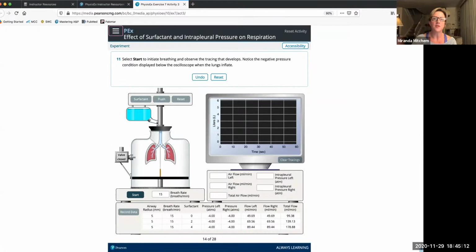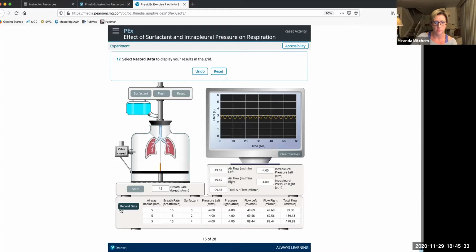Okay, let's go. So now we're going to look at our normal tracing to begin with. So just normal tidal volume. Notice that both lungs are expanding and are contracting at the same rate. And we have a nice waveform here. Let's record our data. And now what we're going to do is we are going to open this valve and look what it does.